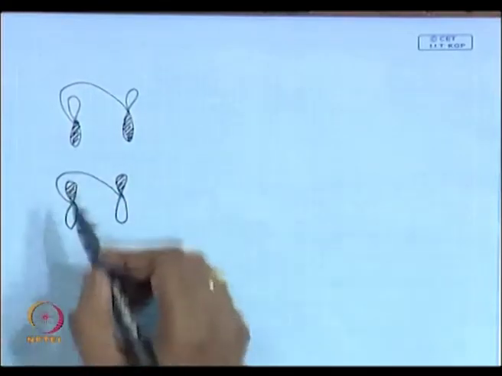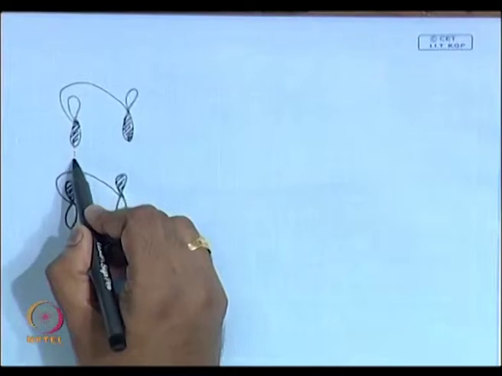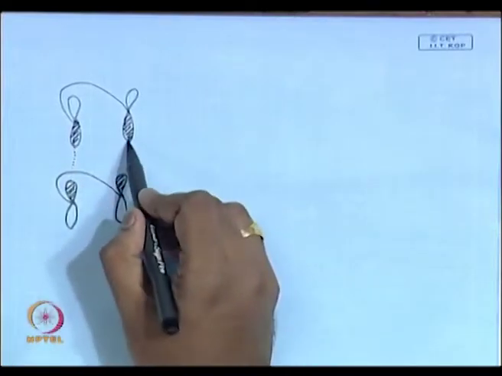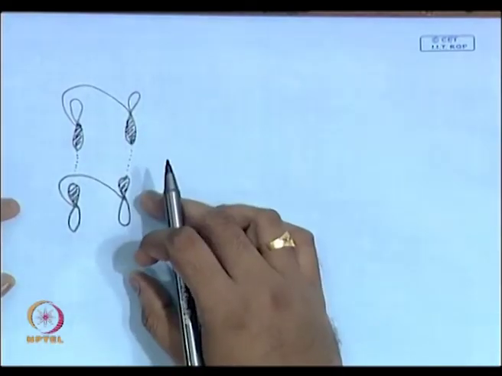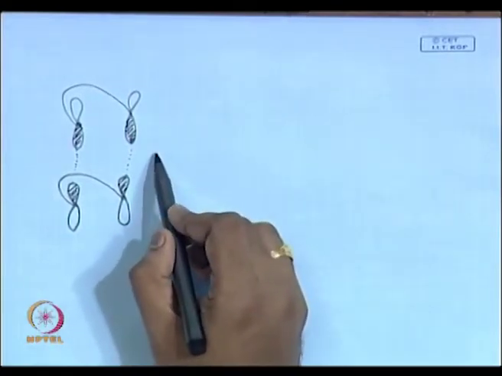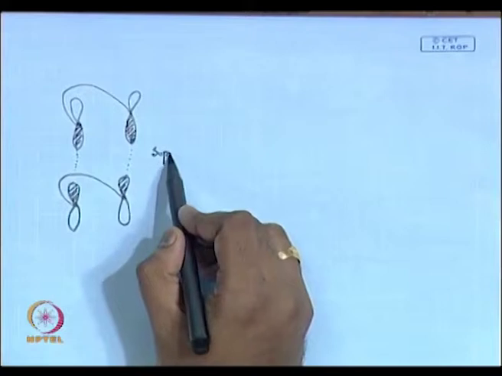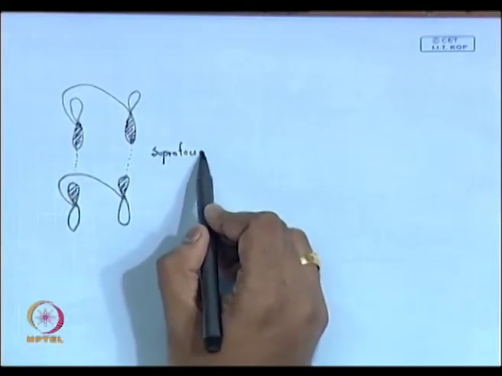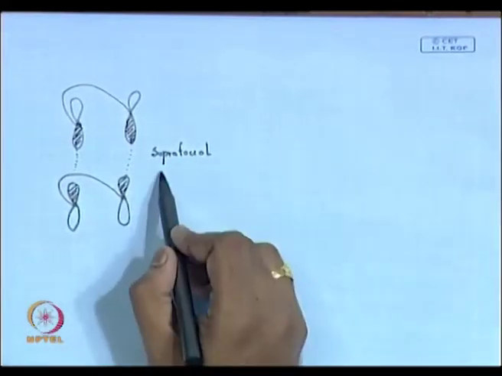Now if you see this cycloaddition, one is the HOMO and another is the LUMO, and they are happening in the same phase. That we call a suprafacial cycloaddition, suprafacial addition.